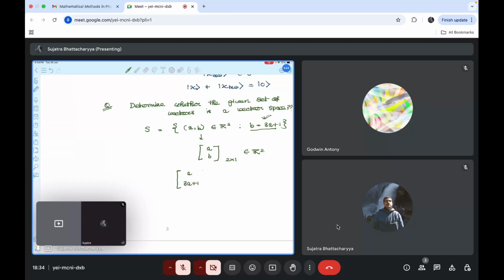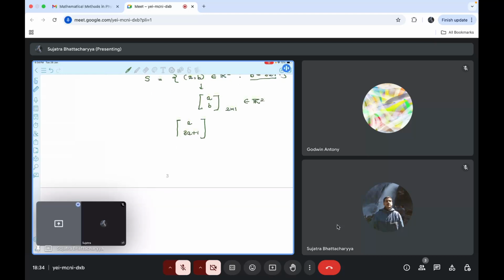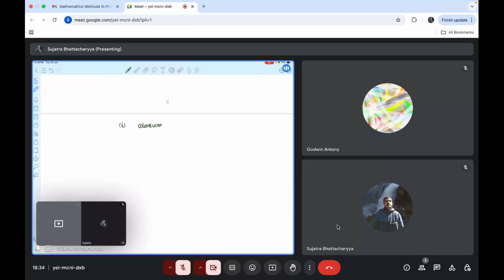So now this is the generalized vector. Every time, it can be A1, and B can be written as 3A1 plus 1. So let us see. Let us define now. The first property is what? The closure under addition, right? So, the closure property.